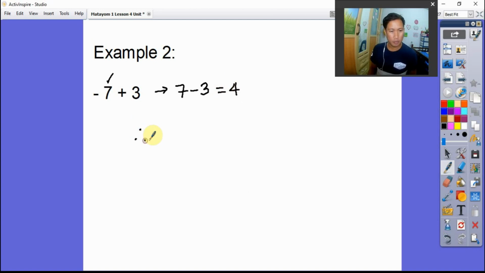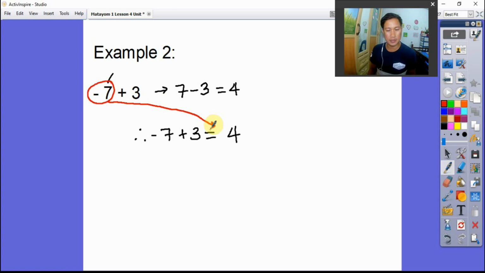Therefore, -7 plus 3 equals 4. That's not the final answer. What is the sign of the larger number? The sign of the larger number is negative. So we write the negative sign before the 4. So -7 plus 3 equals -4.